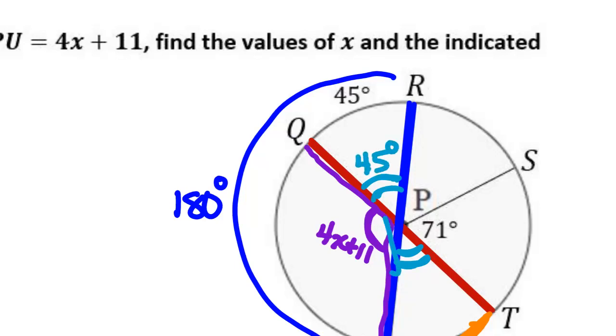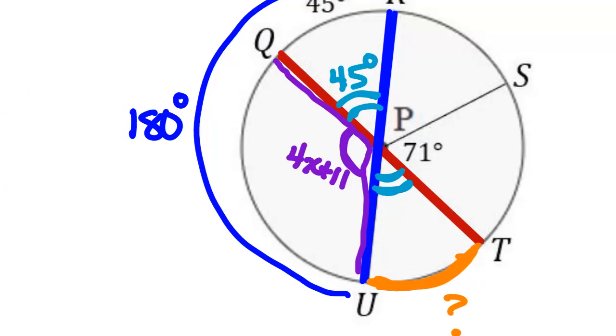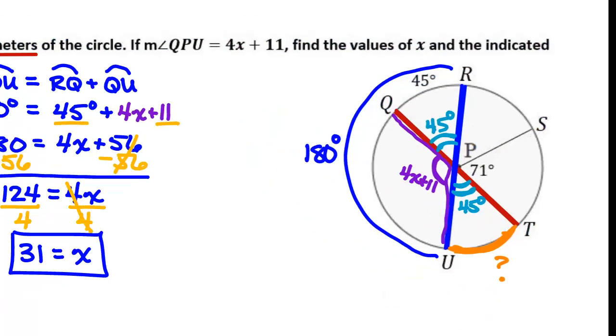So that means that UPT is how big? 45 degrees. No, I just want to know arc UT, just this red, orange one right here. Arc RQ is 45. Angle QPR is 45. Angle UPT is 45. So arc UT would also be 45.